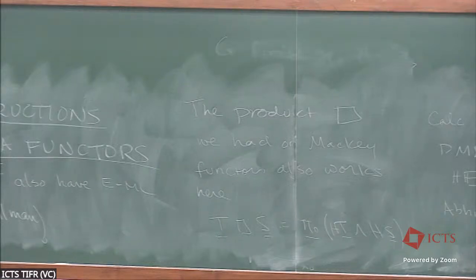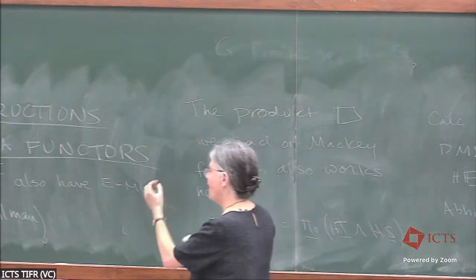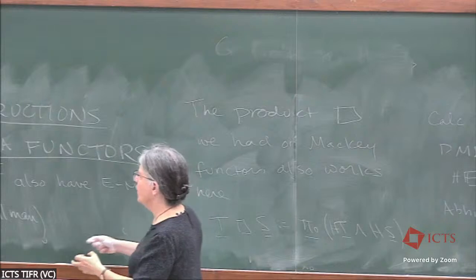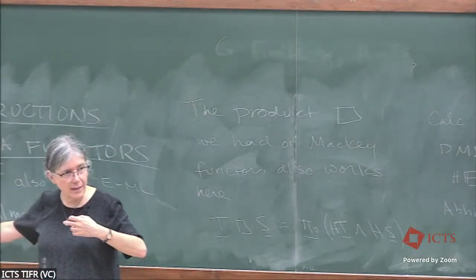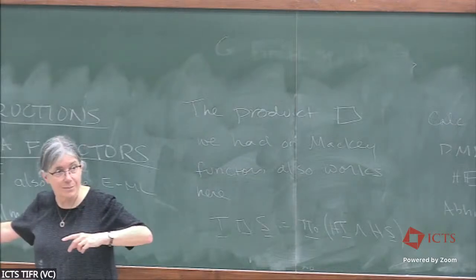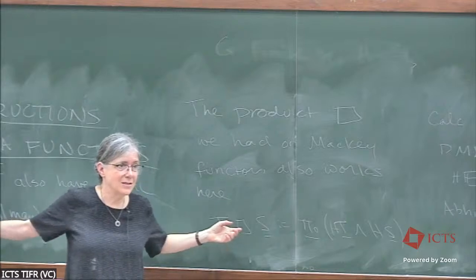Well, no, but no, it actually does. If you have a Tambara functor, then you could give HT the structure of a G ring spectrum. And then you could do this. And in fact, this is going to be.